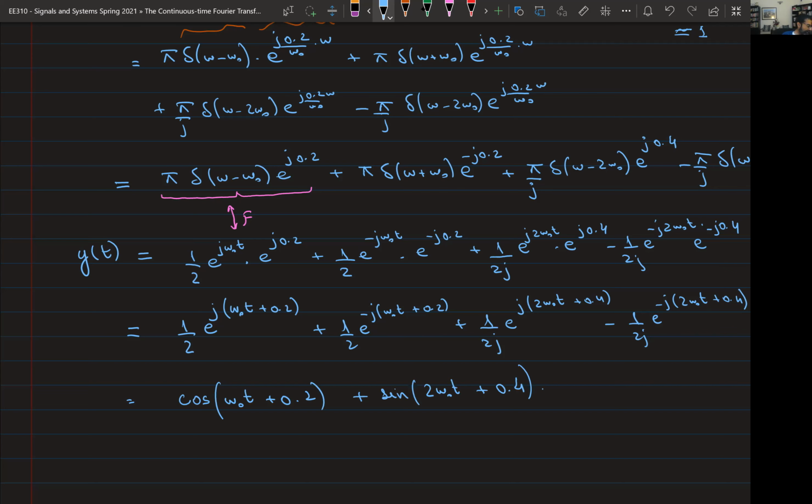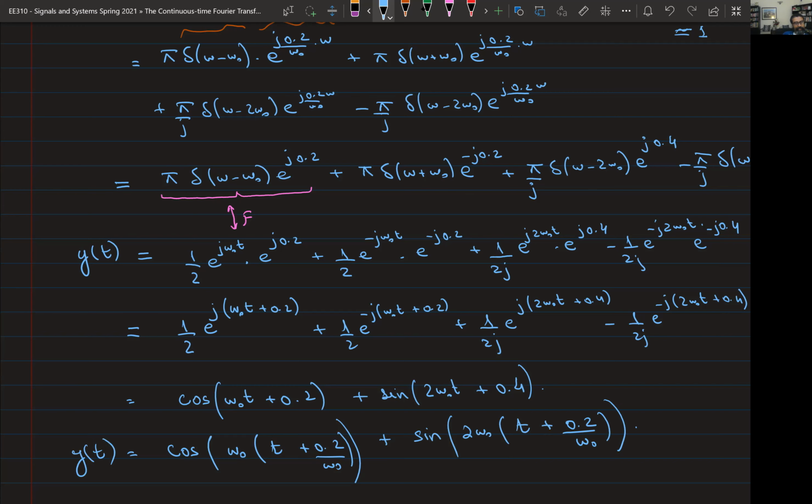Okay, and I can slightly rewrite this: cosine omega naught t plus 0.2 divided by omega naught, and plus sine 2 omega naught, t plus 0.2 over omega naught, and this is y of t.